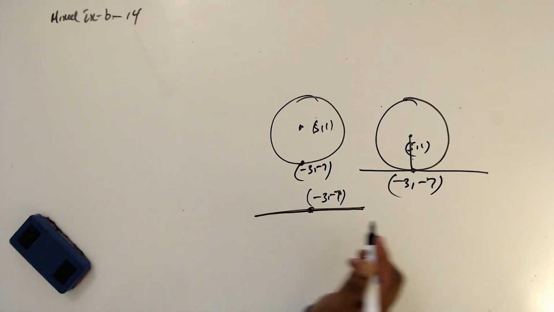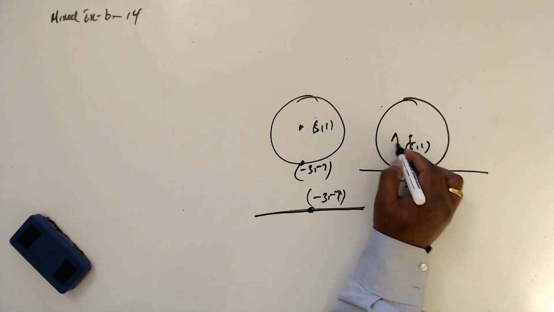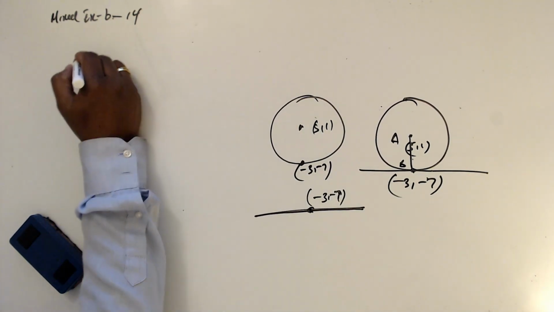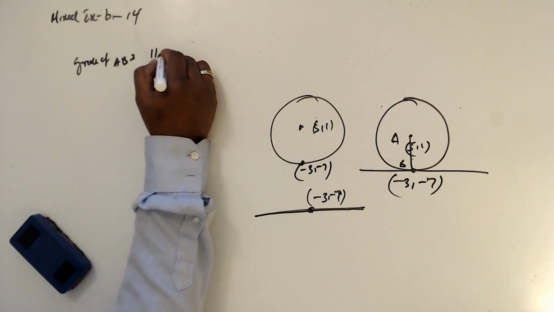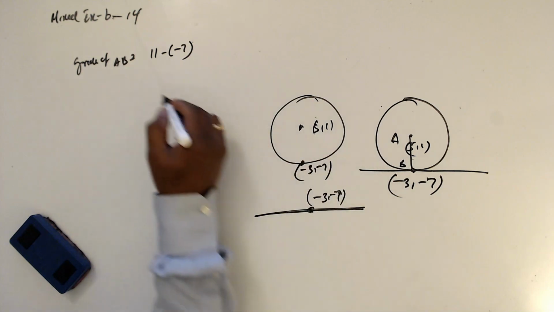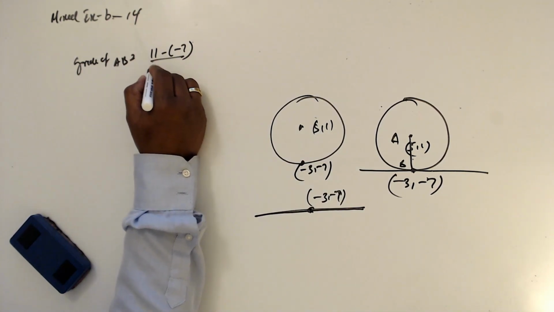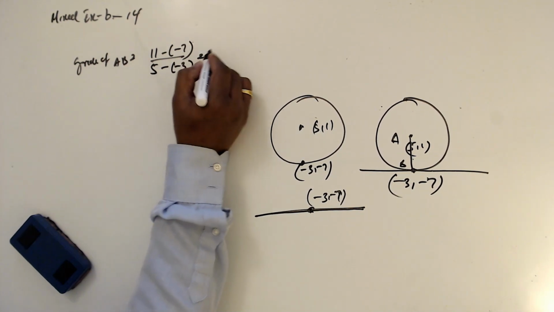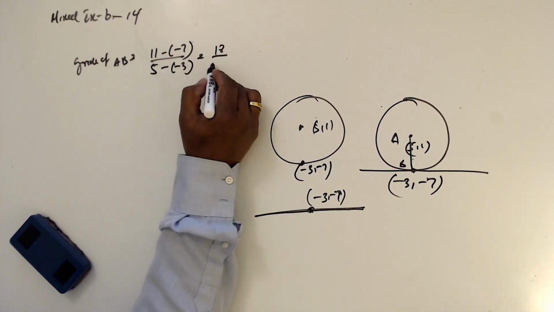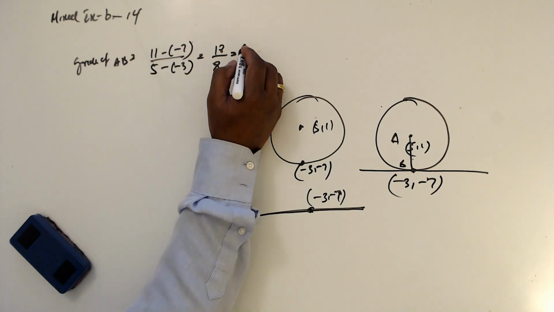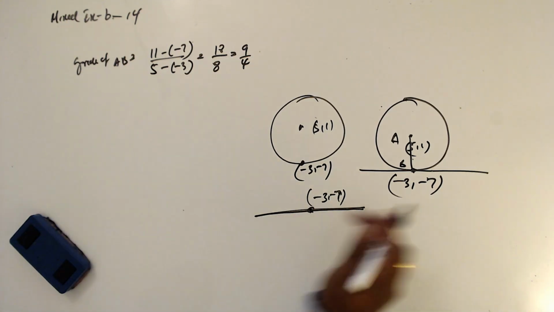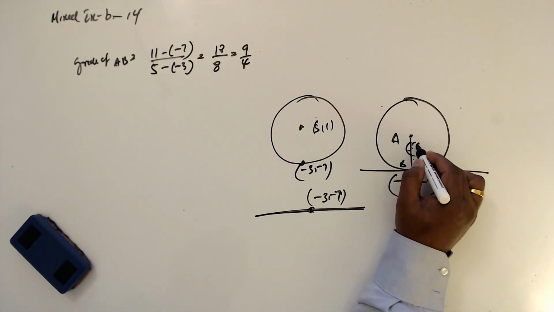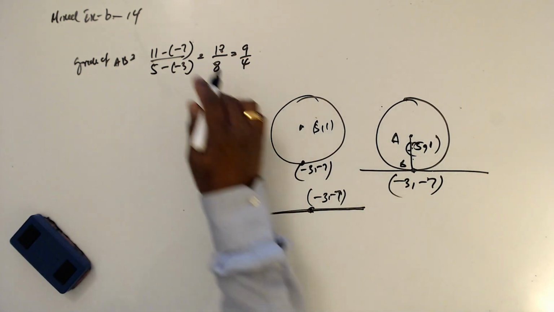So if I write AB, the gradient of AB is y1 minus y2, 1 minus minus 7, over x1 minus x2, 5 minus minus 3. Sorry, my writing is not good. 5 and 1, this is not 11.